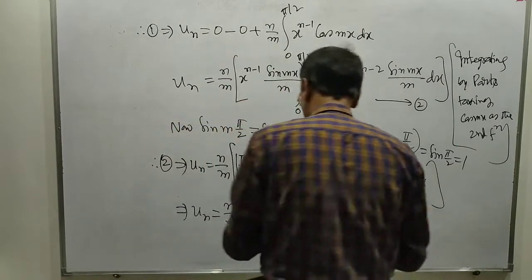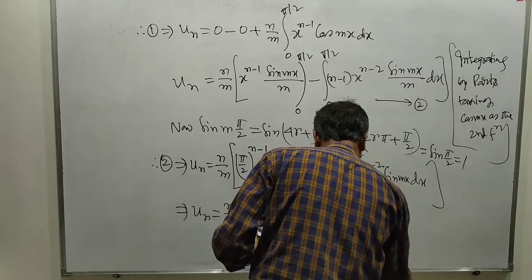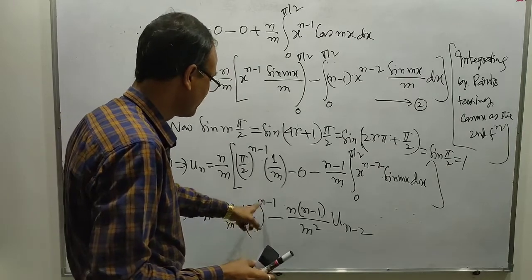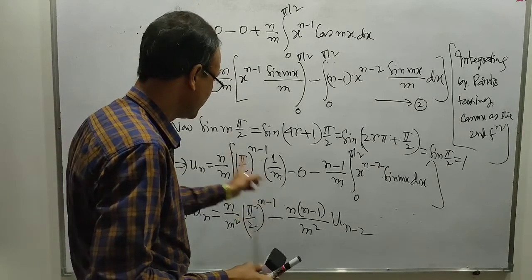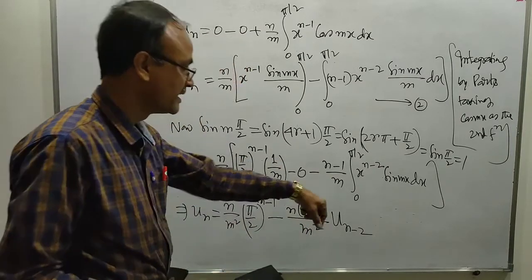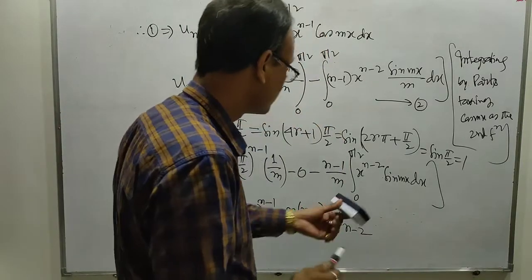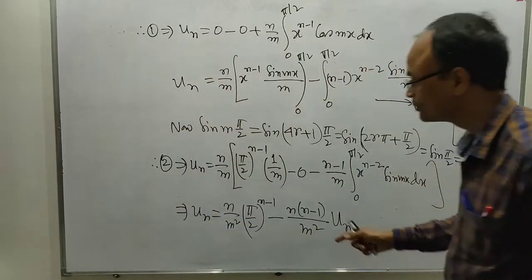You may write here u_(n minus 2). u_n equals n by m squared, (π/2) to the power n minus 1, minus n(n minus 1) by m squared, u_(n minus 2). This is the required reduction formula. And proved. It has been proved.